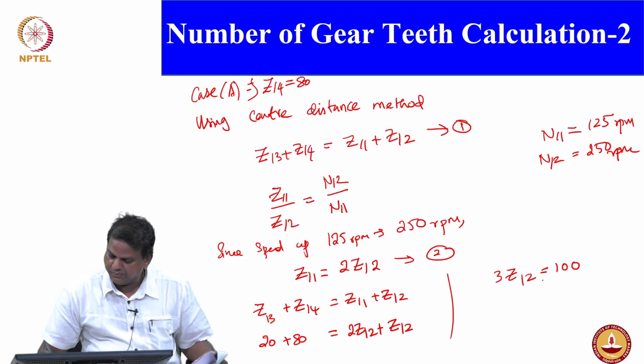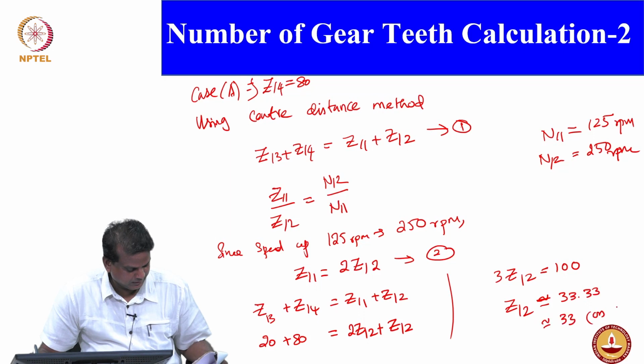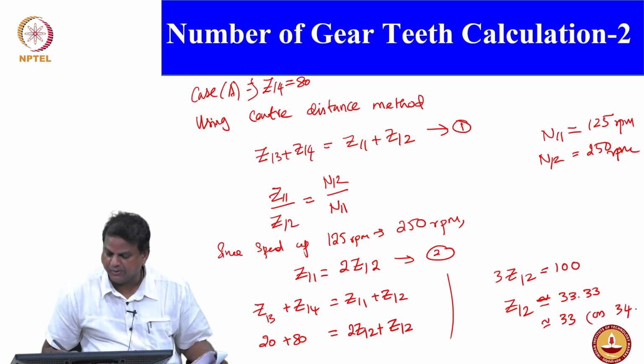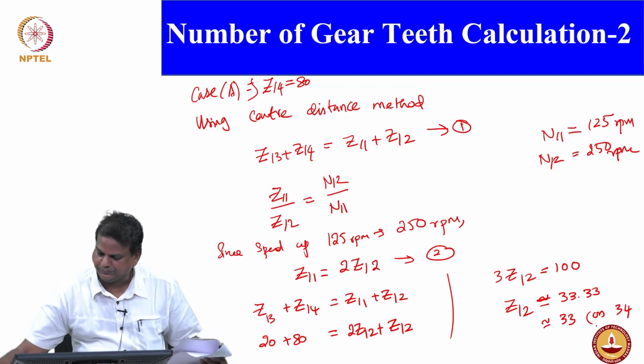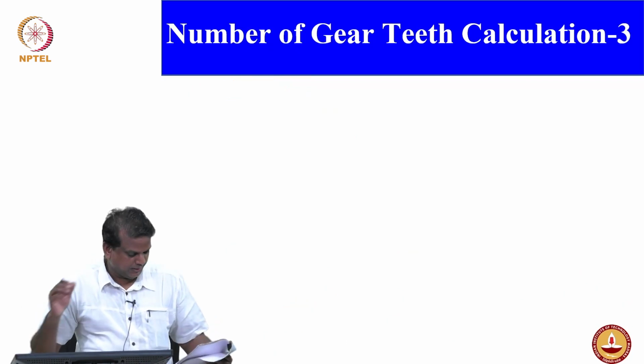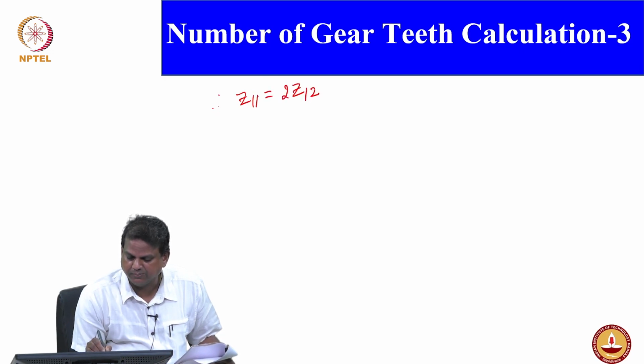So now Z12 comes approximately as 33.33. Either you can take it as 33 or 34, that's the thing, 33 or 34. But we know that Z11 must be 2 times Z12.